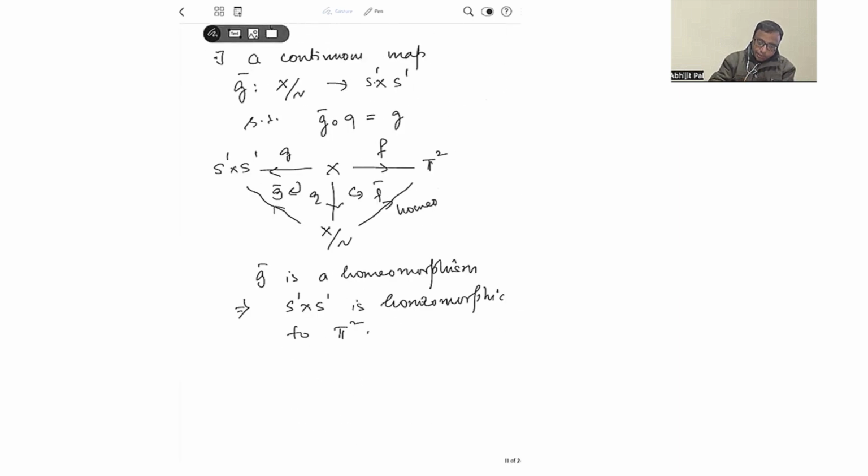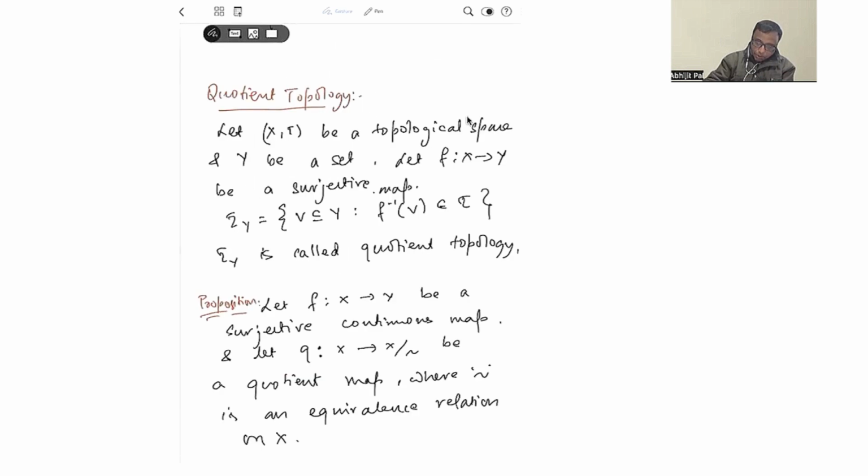There exists a continuous map G bar from the quotient space to S1 cross S1 such that G bar composed with the quotient map is equal to G. Again, one can prove that this G bar is a homeomorphism. Therefore, the quotient space is homeomorphic to the torus, and also S1 cross S1 is homeomorphic to the torus. This part we have already seen, so I'm not repeating it.